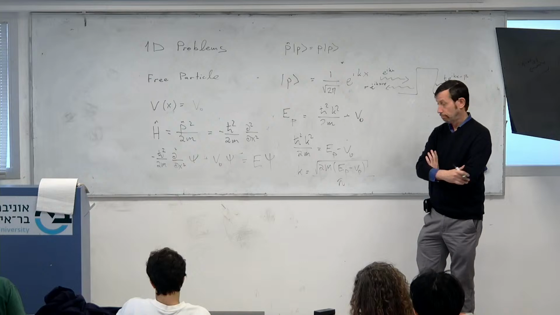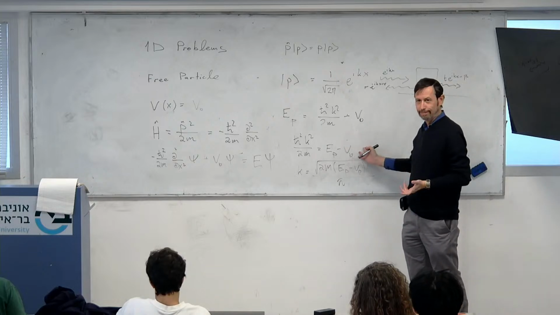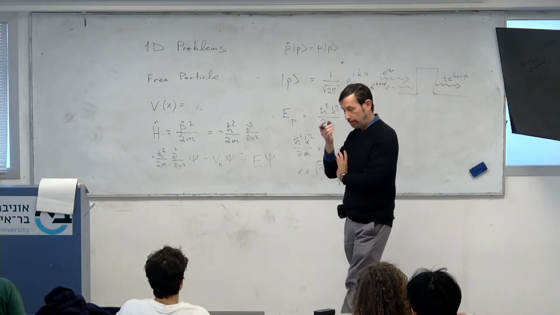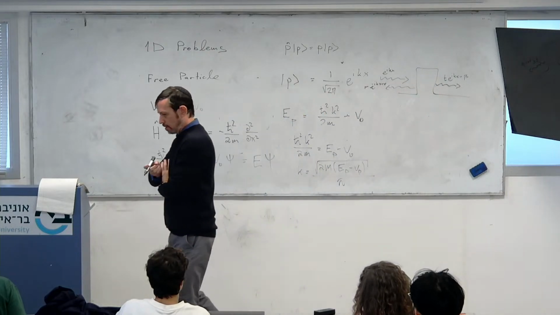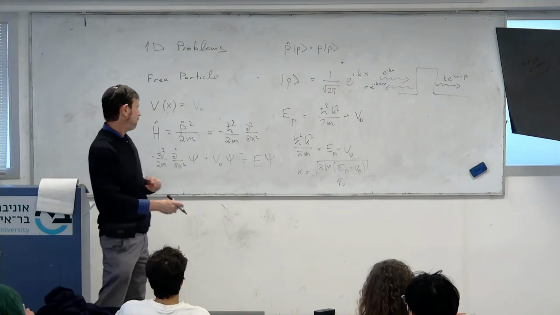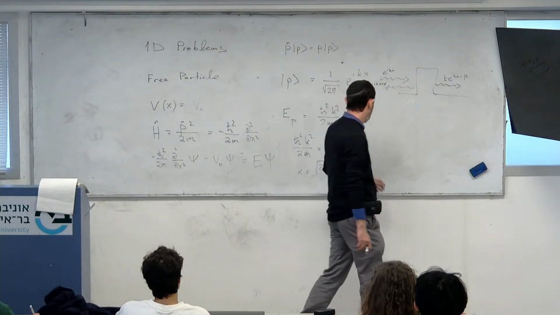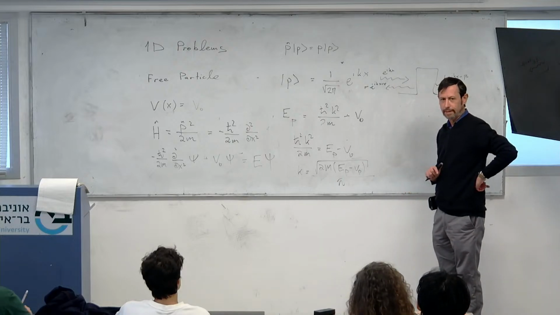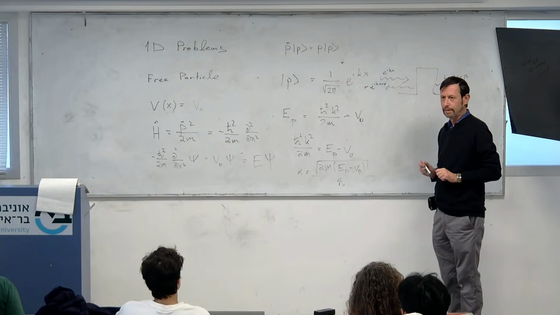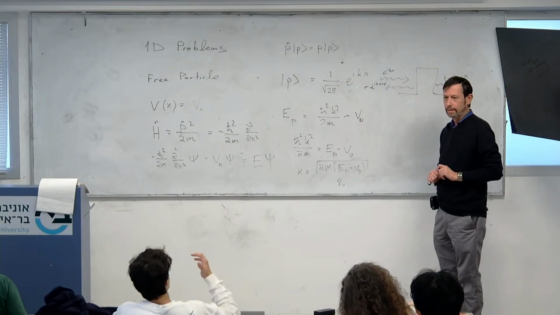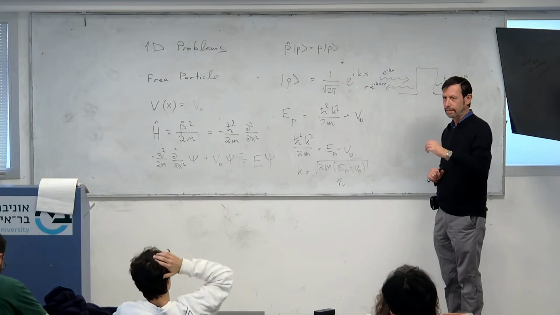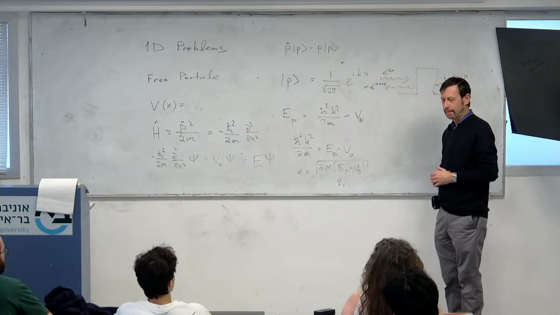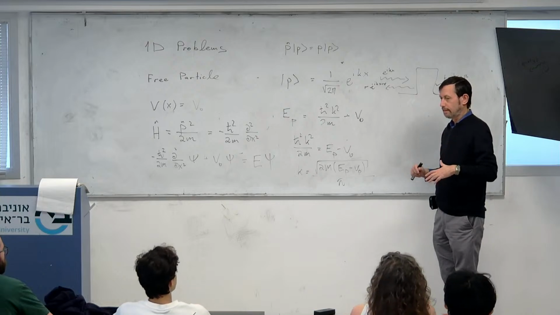Okay, just pulling out the square root and playing with the left and right. What does it mean, basically? Well, it depends on V0, but K could be imaginary.